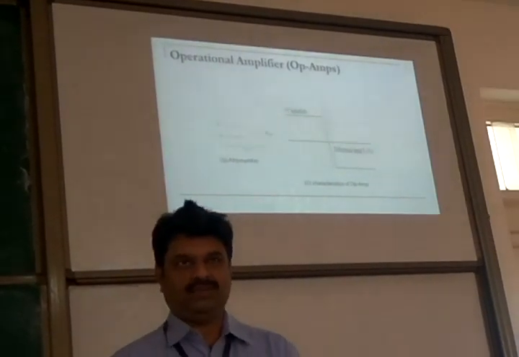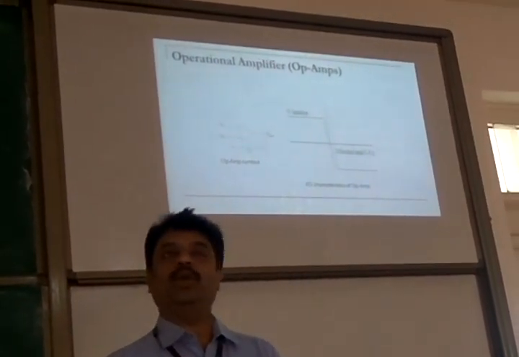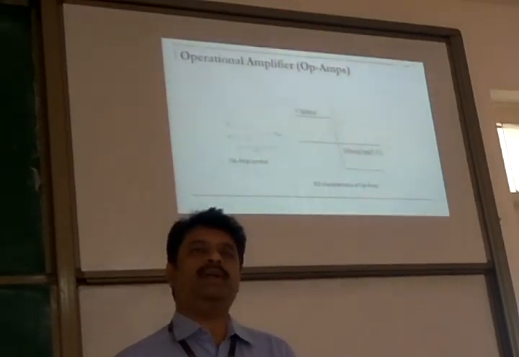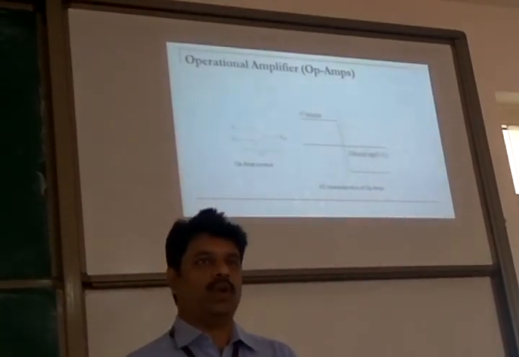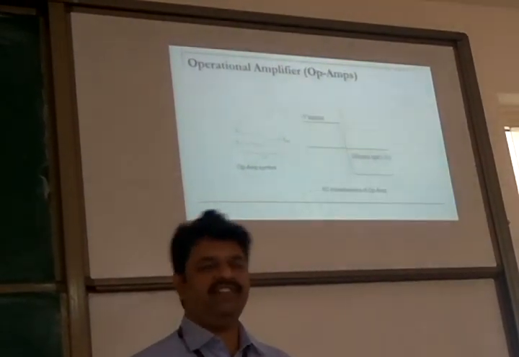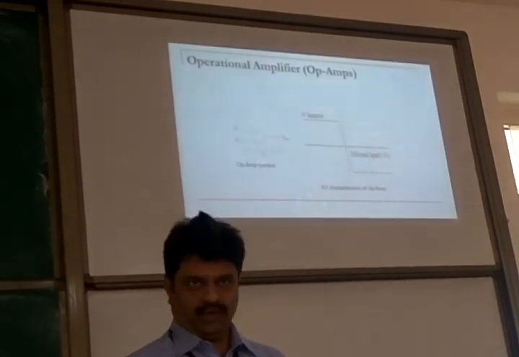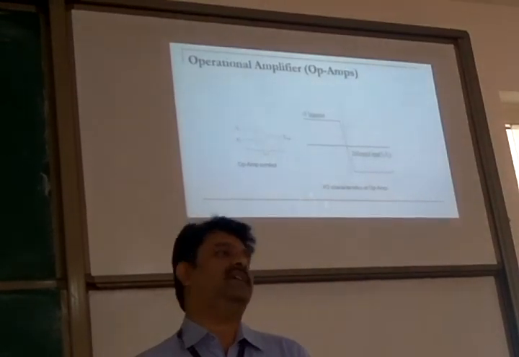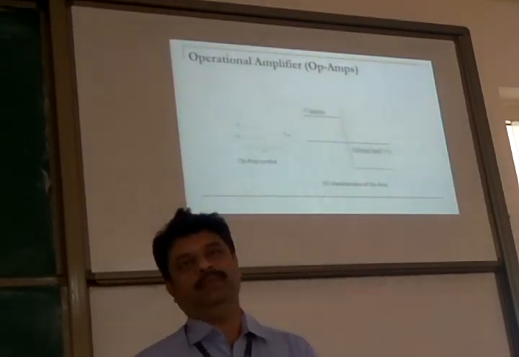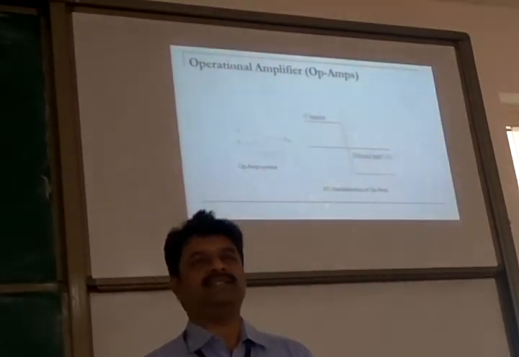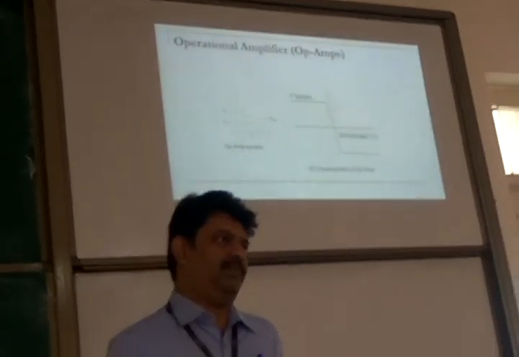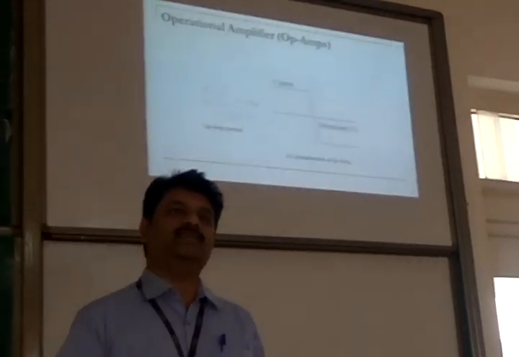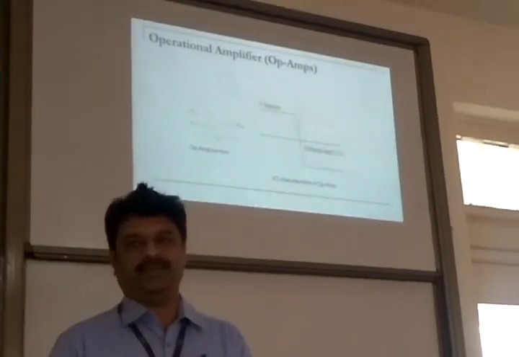Anything less than that is possible, but anything greater than 12 volts is not possible. So the moment output reaches 12 volts, even if the input increases or you increase the gain, the output will not increase, because that is the maximum voltage the amplifier is able to give. This state we call saturation. It has reached its maximum capacity. No more increase is possible.